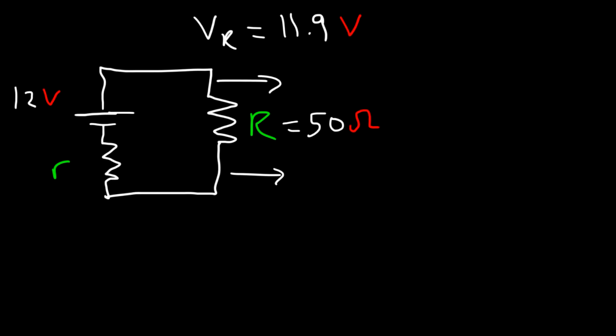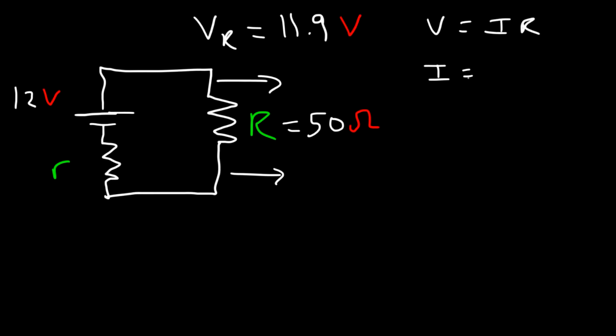So what's the first thing we need to do in order to calculate the internal resistance? So after we measure the terminal voltage with a digital meter, what should we do? The next thing we need to do is find the current that flows through the circuit. We have the voltage across the resistor, and we have the resistance of the resistor. So we can use the equation V is equal to IR.